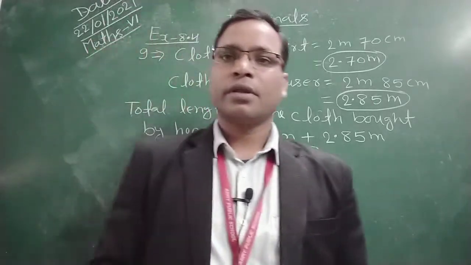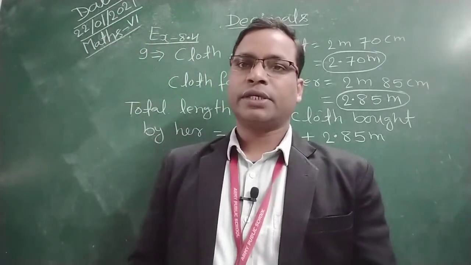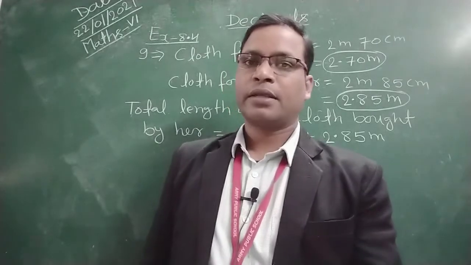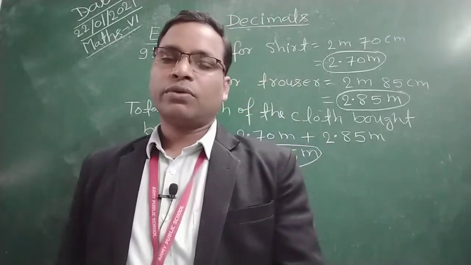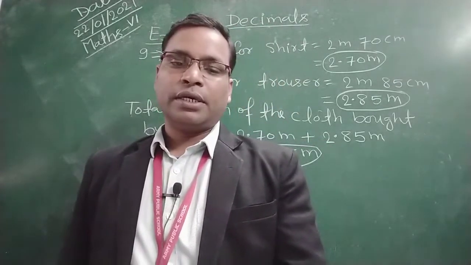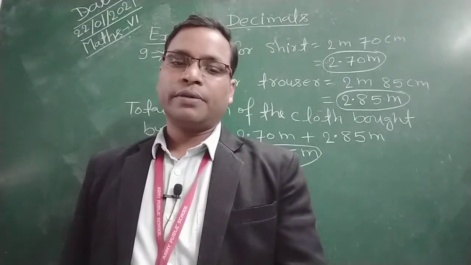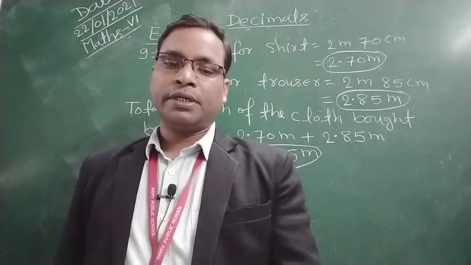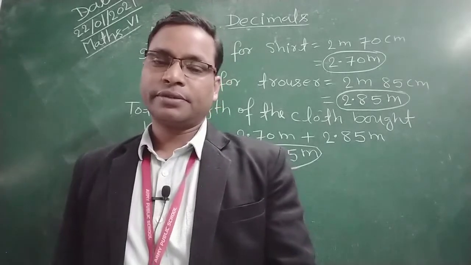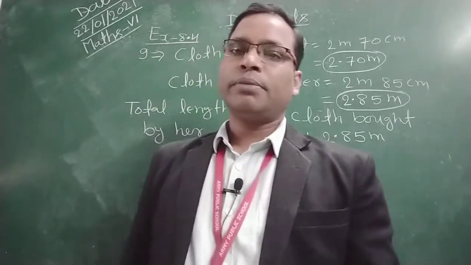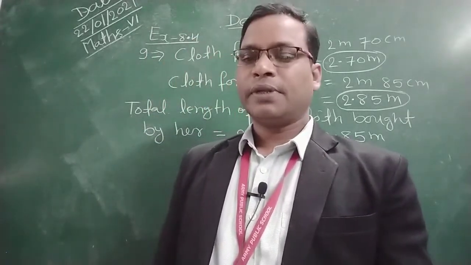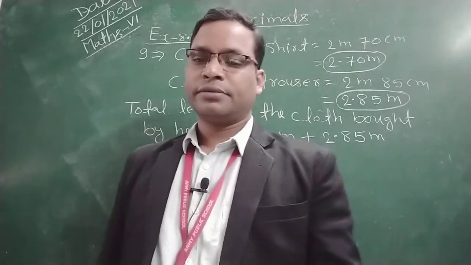So I hope all of you understood these questions. Now we are going to discuss the next question, question number 10. Naresh walked 2 kilometer 35 meter in the morning and 1 kilometer 7 meter in the evening.